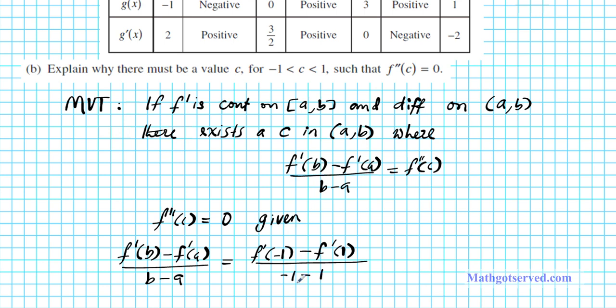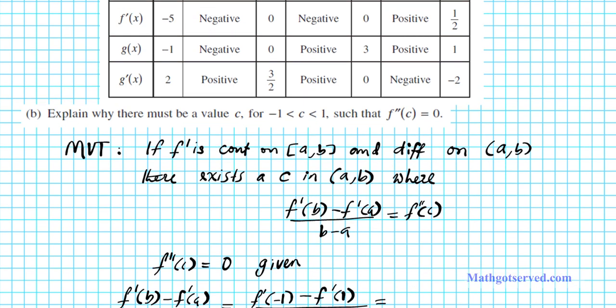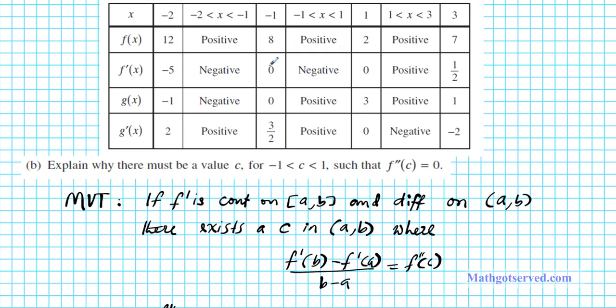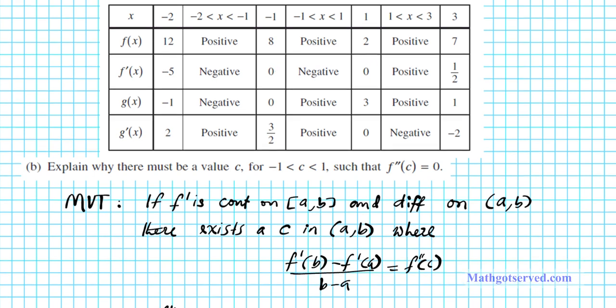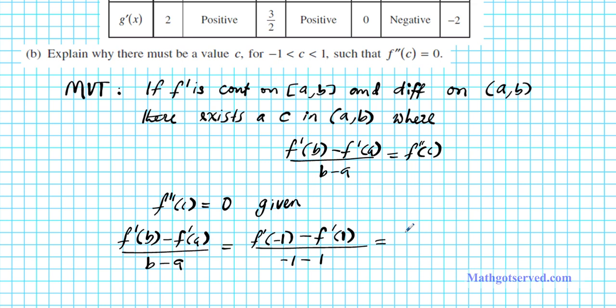This is the slope of the secant line of the graph of f prime on the interval -1 to 1, or the average rate of change. So let's figure out what this is. Using our table, f prime of -1 is 0, f prime of 1 is 0. So we're going to have 0 minus 0 over -2, which is equal to 0.